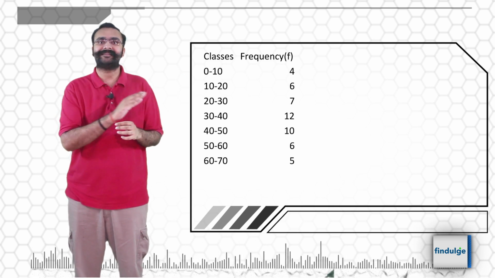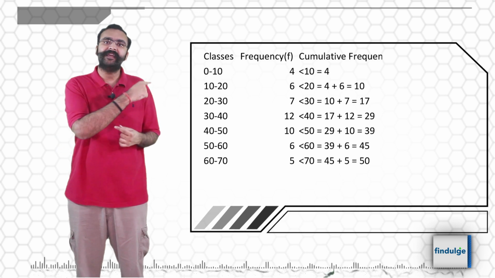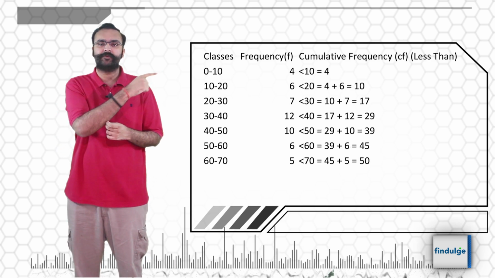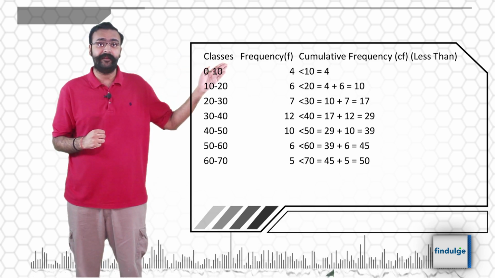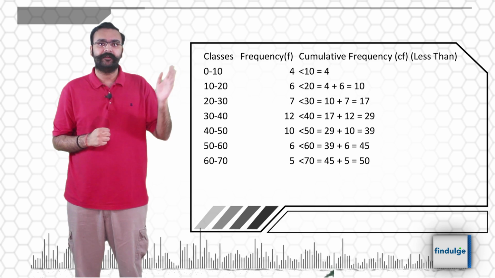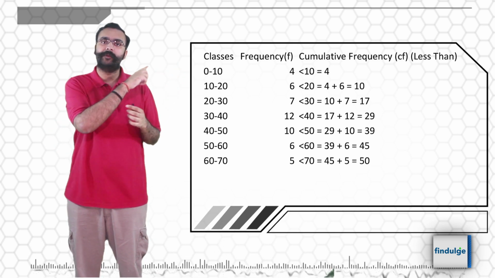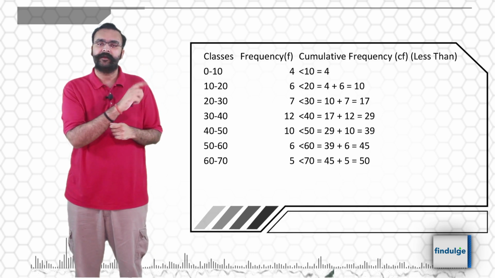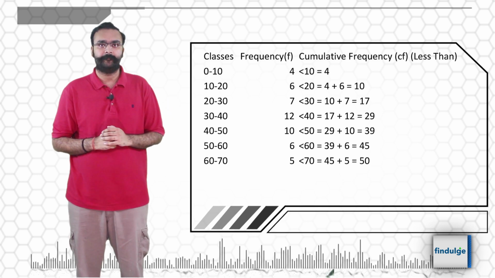Again, let's make a less than cumulative frequency. So all we do, whatever the upper limit of each class is, we just write it like that. So in this table, less than 10 will just be frequency of the first. Less than 20 will be first plus second. Less than 30 will be cumulative of second plus third, and so on and so forth, the cumulative frequency gets filled.